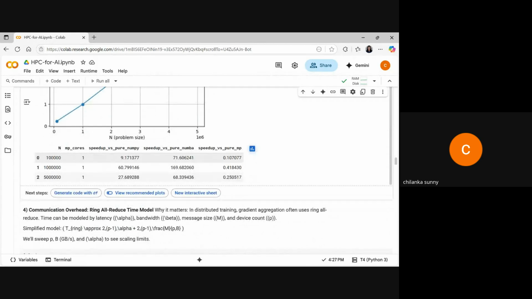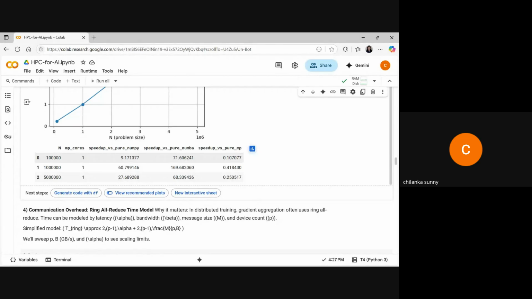So what we can say is that whenever we don't have multiple nodes available, we can better go for NumPy, where we can generate vector code. Here we saw Numba showing better performance, but mostly when the data size is higher, it is the vector code that will give you better performance.